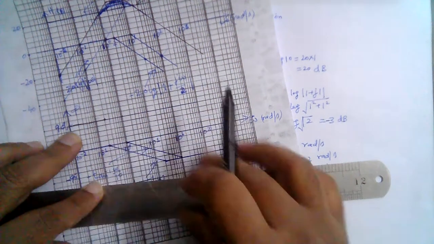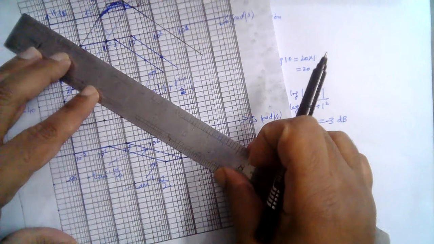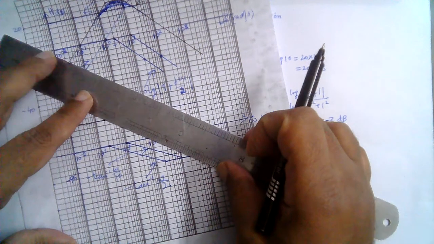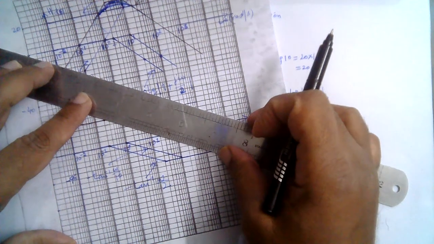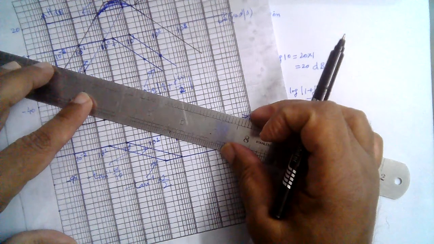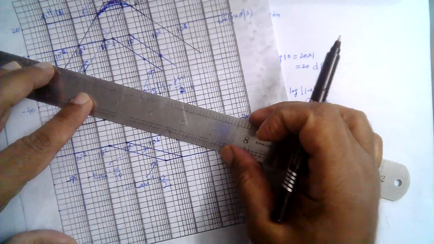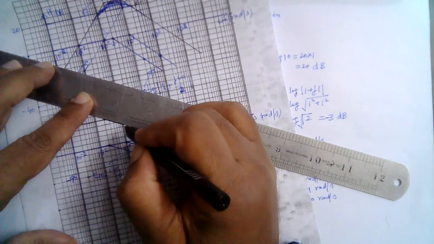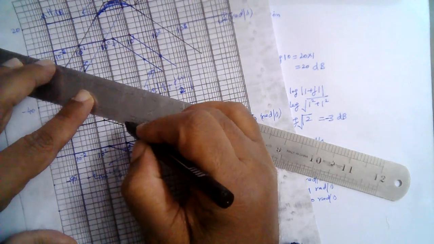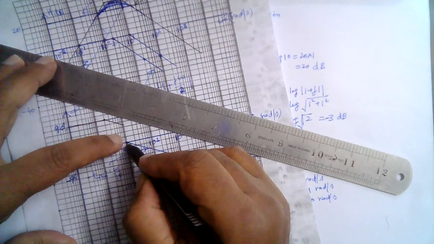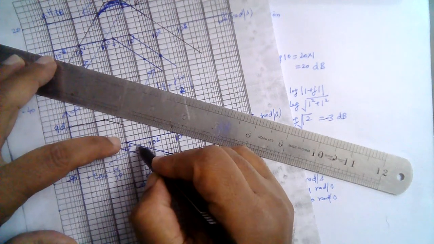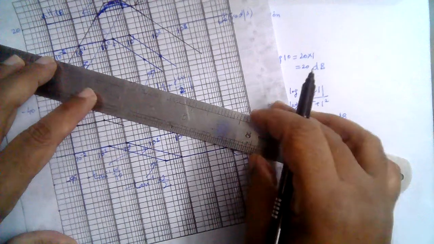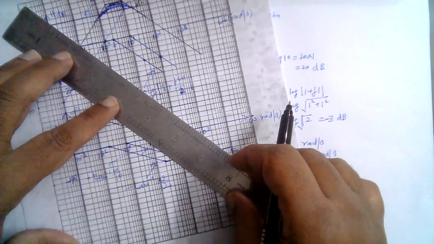Till this frequency. And from this point onwards, it has a slope of minus 45 and another minus 45, so minus 90 degrees per decade.